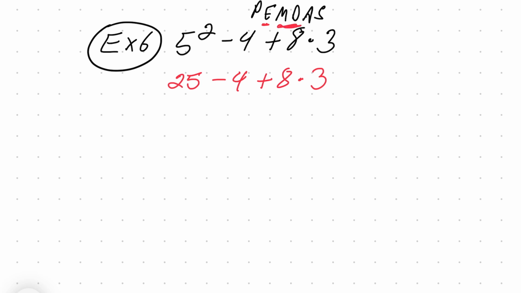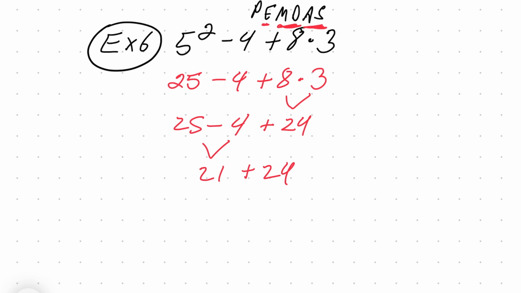Then multiply, divide. We do have multiplication, so we do that first. 8 times 3 is 24. Bring everything else down that you haven't done yet. Then add or subtract. Yes, we do. We have both, but we're going to work from left to right. So we subtract the 25 minus 4. You get 21. Bring down the plus 24. And then you add that and you get 45. So that's your answer. And that's it.